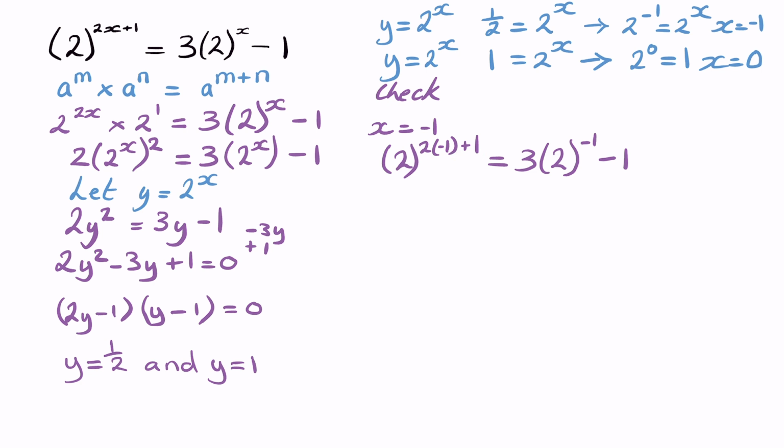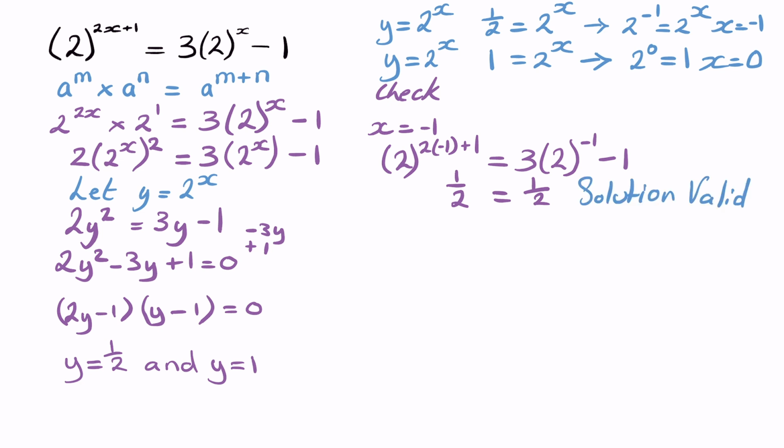That gives us 2 to the negative 1, and 2 to the negative 1 is actually a half. And so on this side, can we find a half here? Well, firstly, we have 2 to the negative 1, so indeed, that is a half. That means we have 3 multiplied by a half, subtract 1, and that is indeed a half. So let's rub that out, and we can just put a half. So the solution is valid.